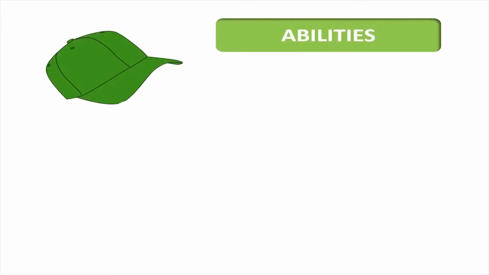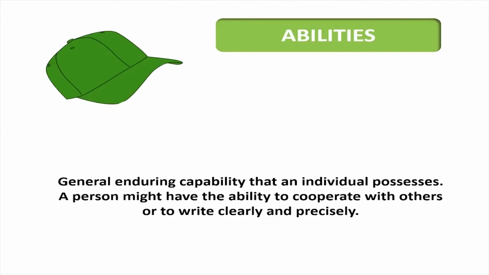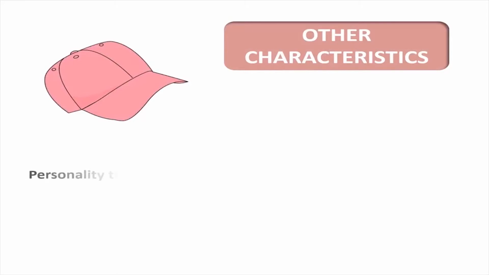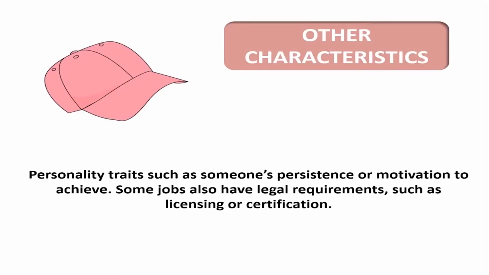Ability, in contrast to skill, refers to a more general enduring capability that an individual possesses. Like a person might have the ability to cooperate with others or to write clearly and precisely. Finally, other characteristics might be personality traits such as someone's persistence or motivations to achieve.